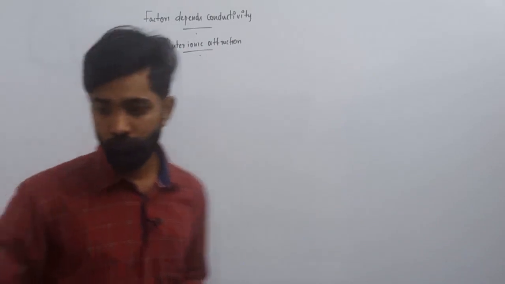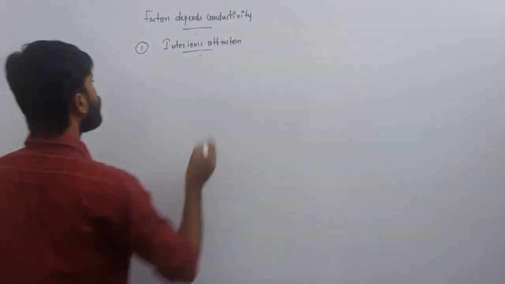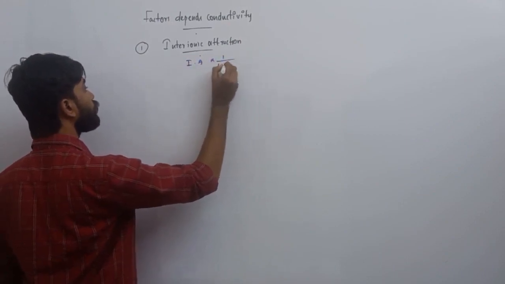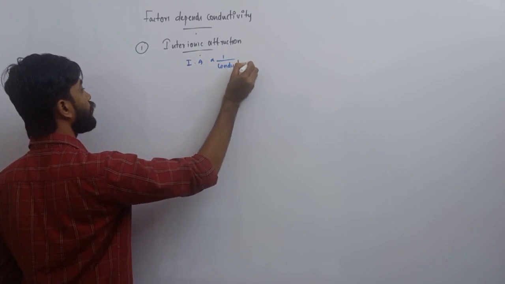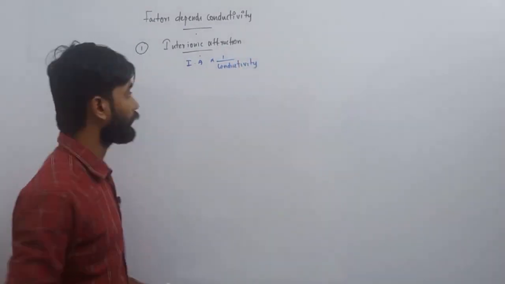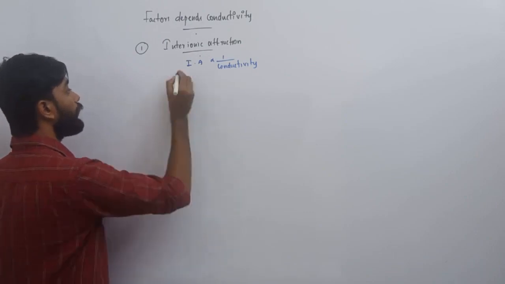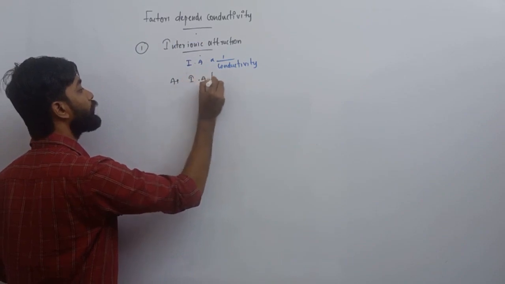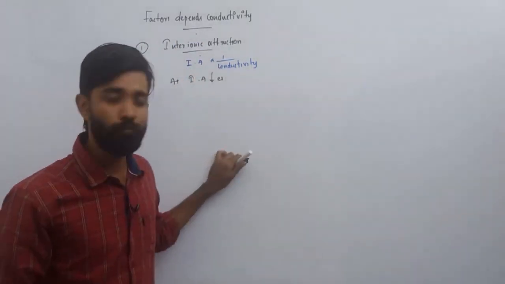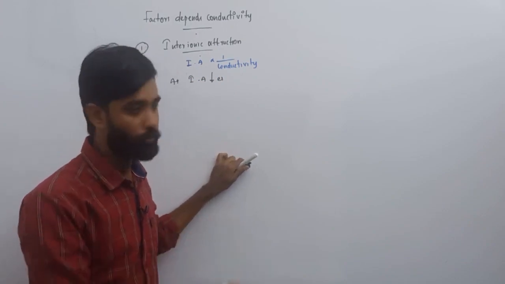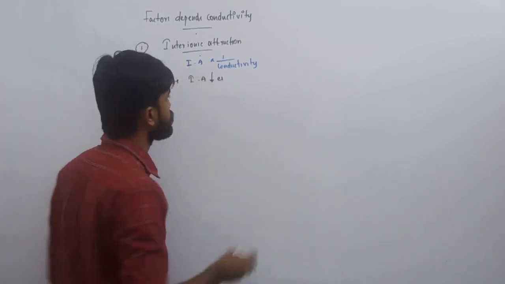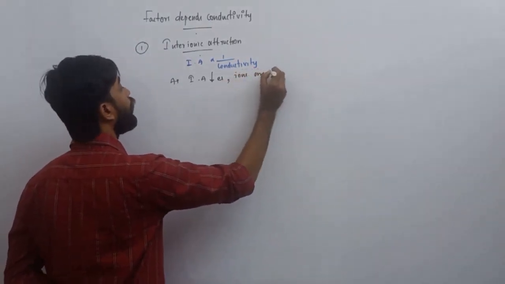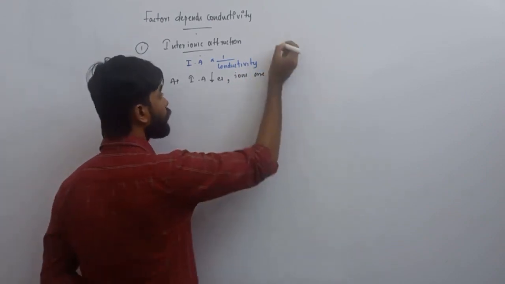Interionic attraction is inversely proportional to conductivity. The reason is that as interionic attraction decreases, the downward arrow represents decrease, ions become free.